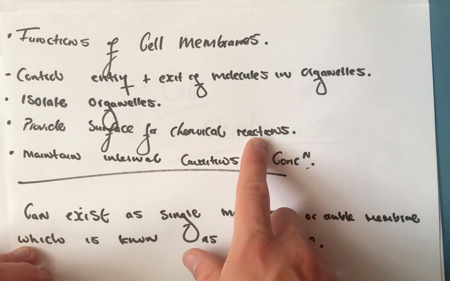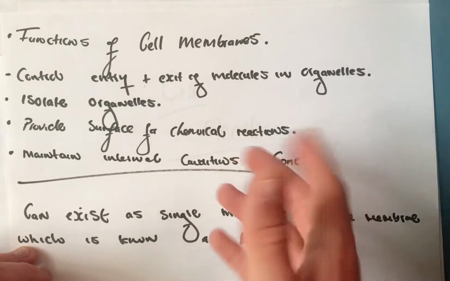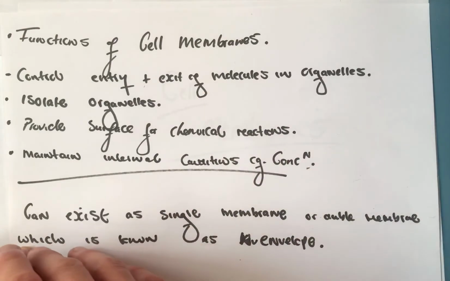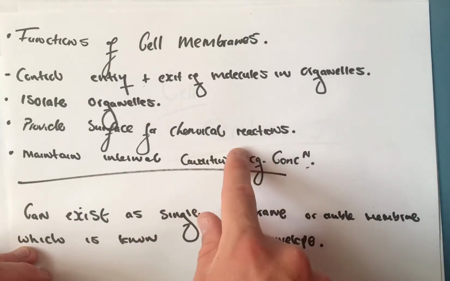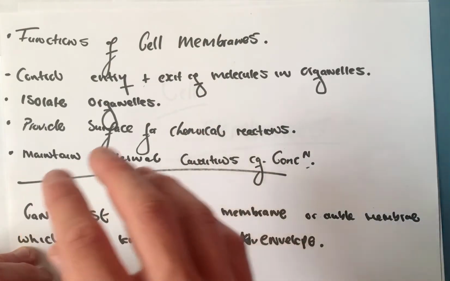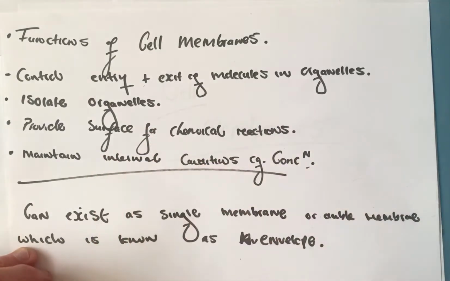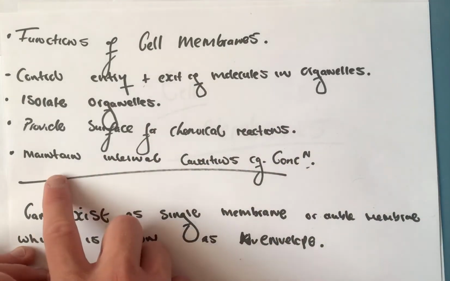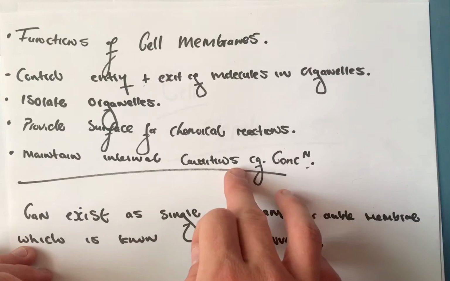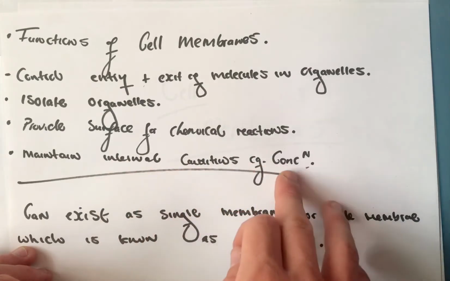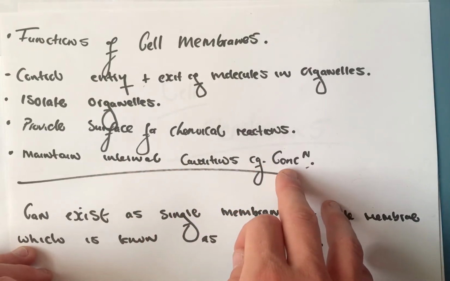So, for example, a lot of reactions can take place on the cell membrane, like I've just said, the production of ATP through the binding of enzymes to the cell surface membrane of mitochondria. They are also used to maintain the internal conditions of a cell, such as, for an example, the concentration of a particular organelle, such as a ribosome or a nucleus.